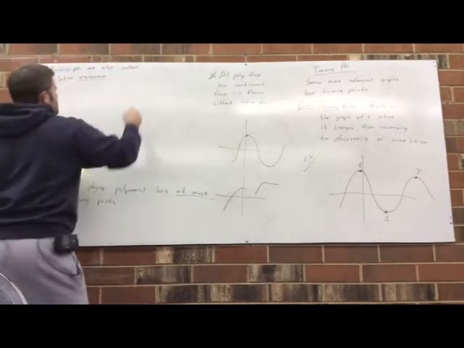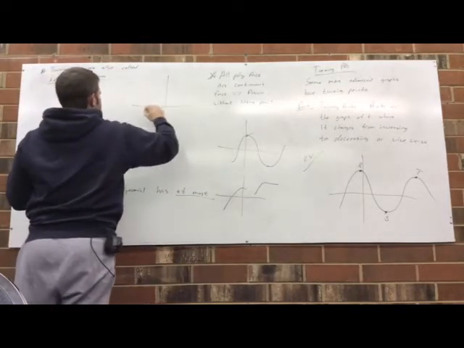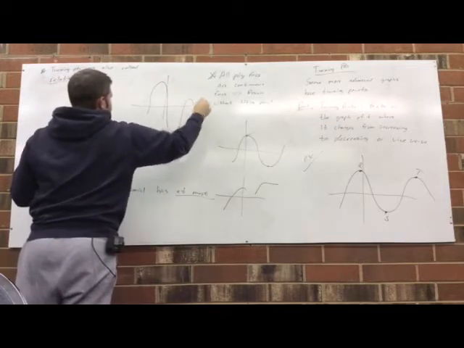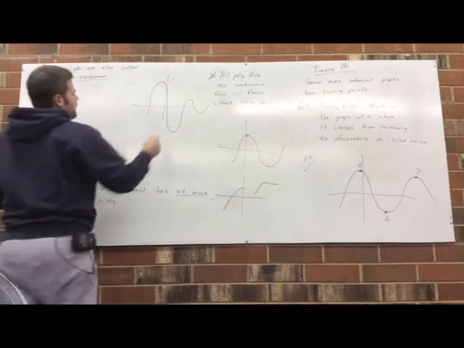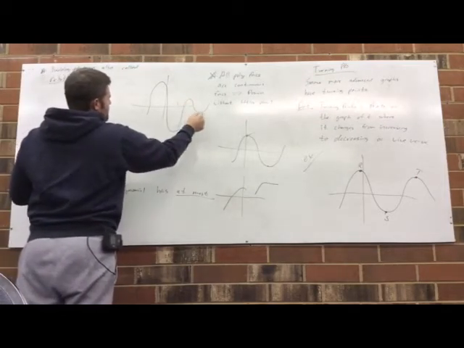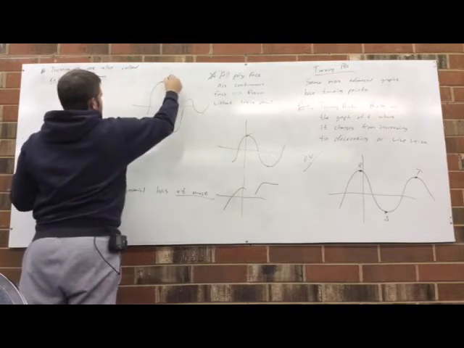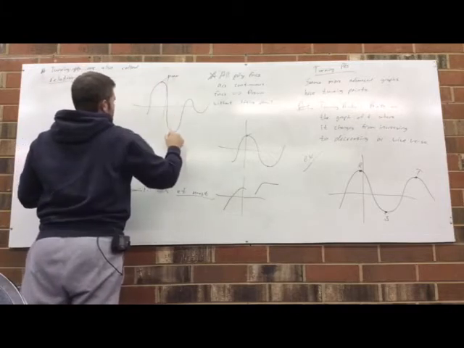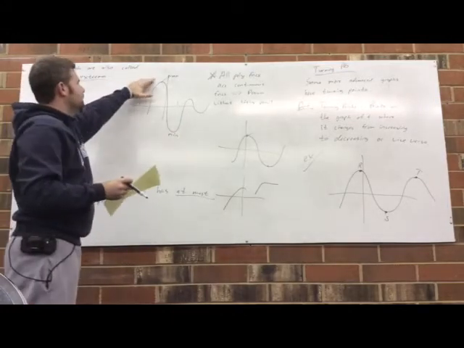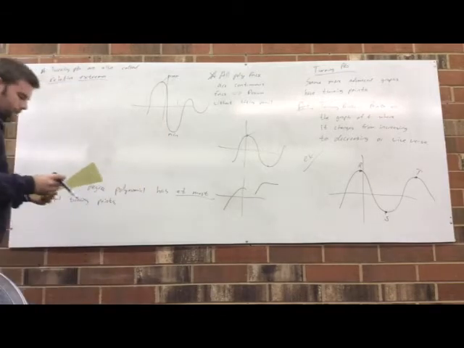So, for example, if I gave you a graph that looks like this, right? Well, there's multiple mins and maxes here. This is a max in this location, and this is a min in this location. But this is the ultimate max, or the relative max. And that's your relative min. Okay, so relative extrema, or a relative max and a relative min.